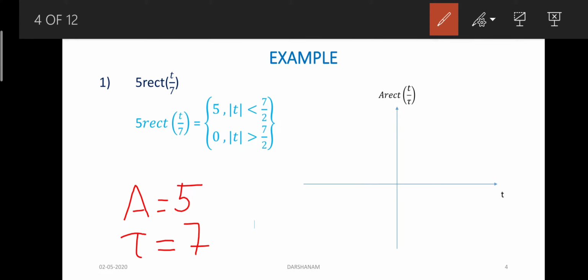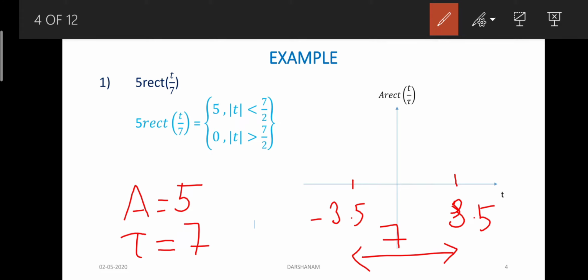As we discussed earlier, tau has to be equally divided on both sides of the y-axis. So since tau is equal to 7, on both sides the values will be 3.5 and minus 3.5.